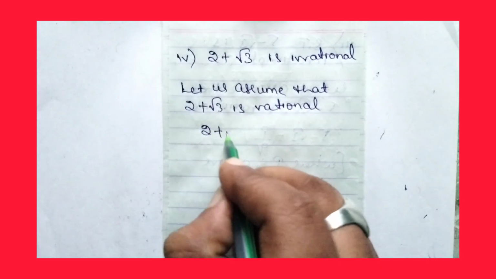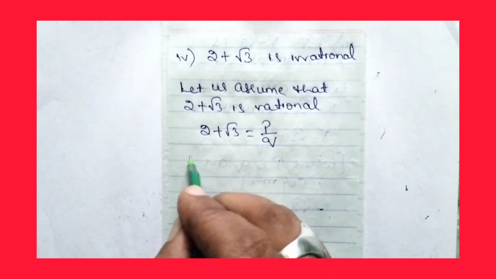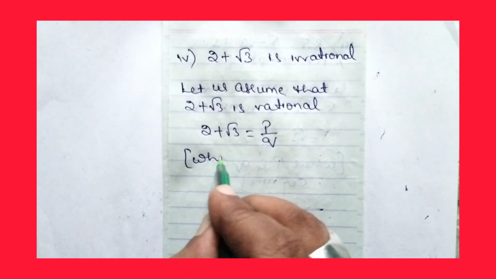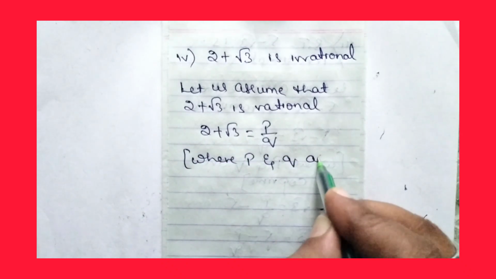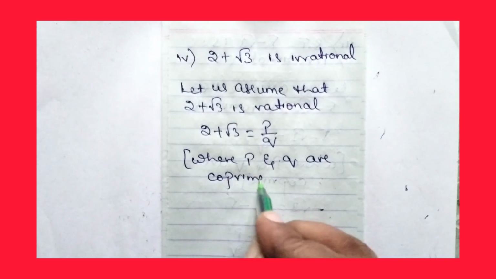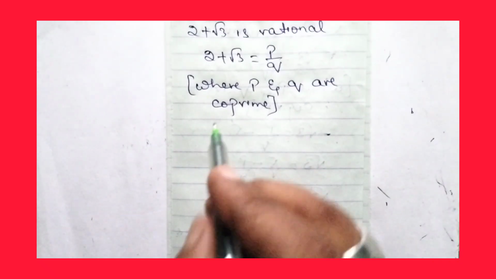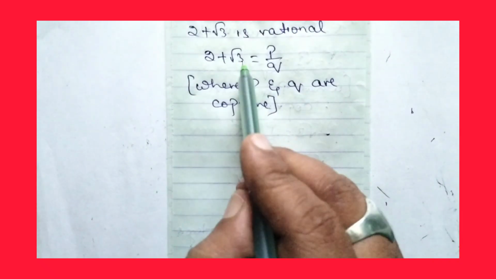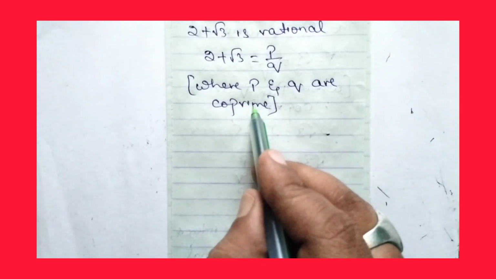Then 2 plus root 3 is equal to P by Q, where P and Q are coprime.